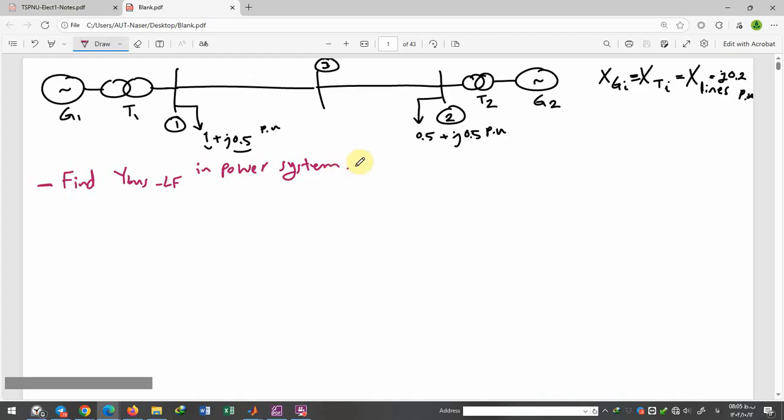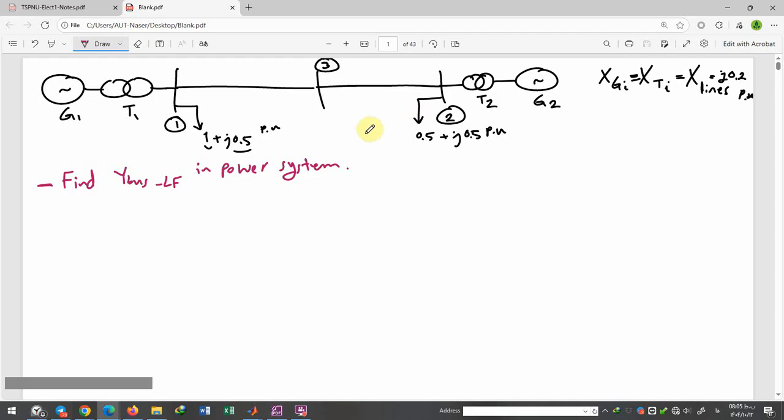So you should consider the transmission lines between bus 1 and 3 and between 3 and 2 as short lines without any capacitance. If we had introduced a capacitance, you would have to put half of the capacitance admittance at the beginning and half at the end of each medium-type transmission line.